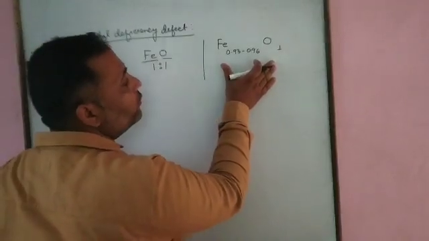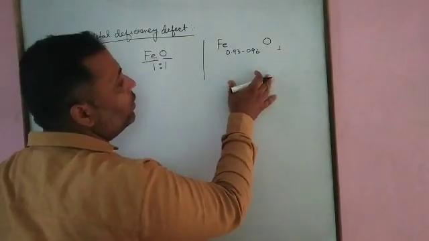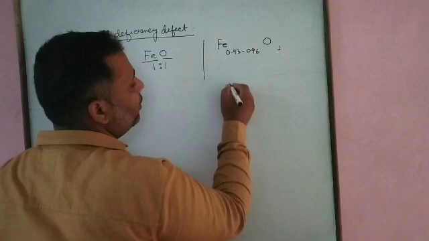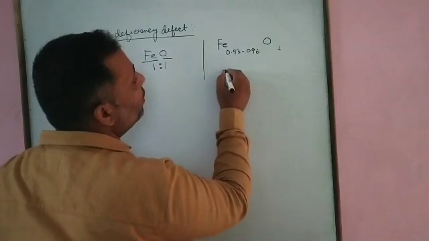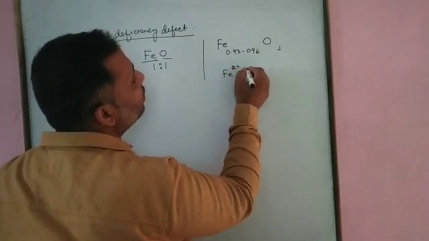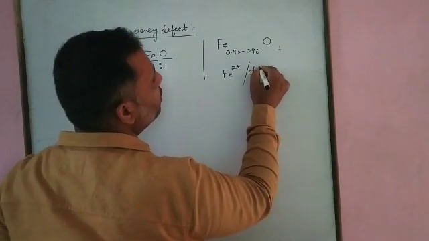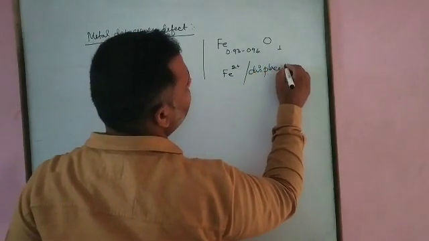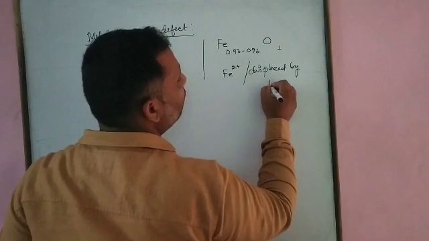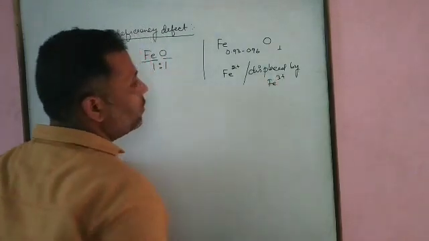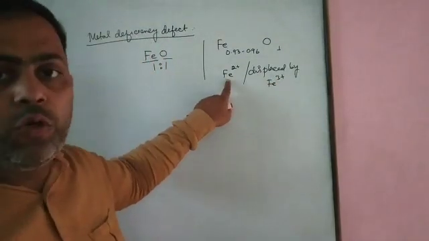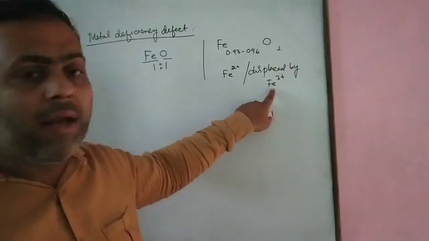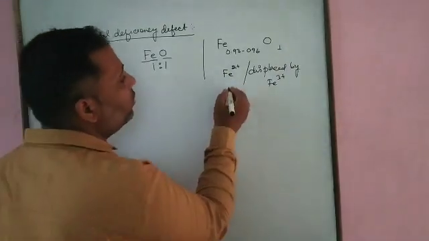During the formation of iron oxide, certain Fe2+ are displaced by Fe3+.